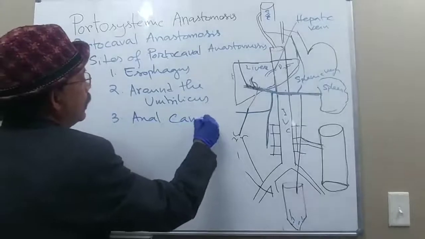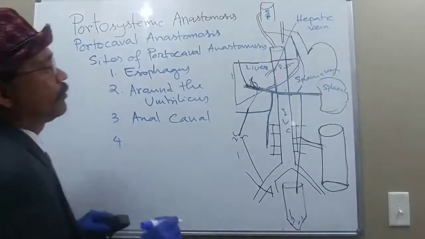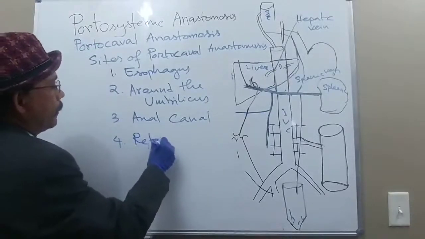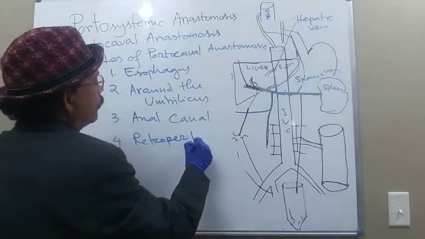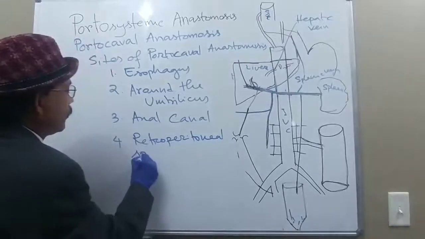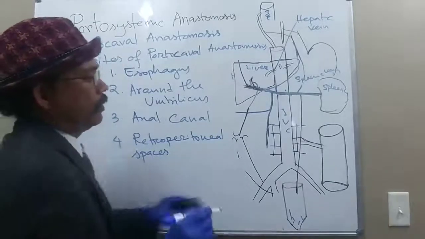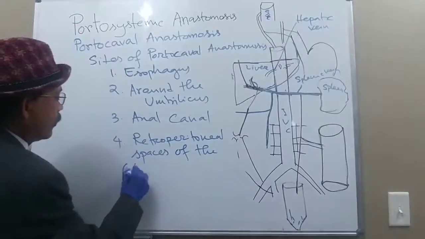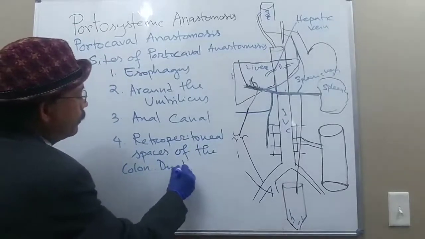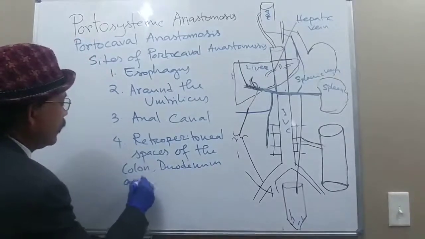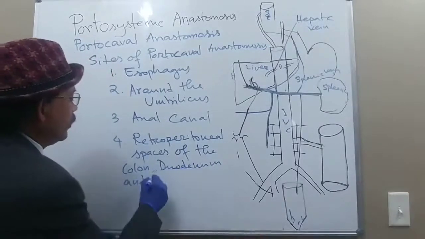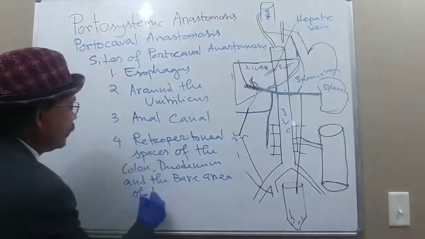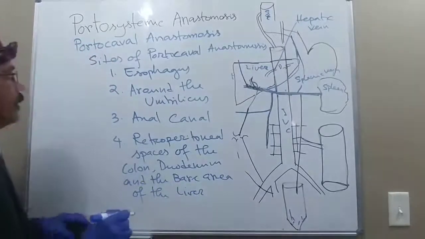Fourth site of portosystemic anastomosis is the retroperitoneal spaces of the colon and duodenum, and the bare area of the liver. So this is site number 4.